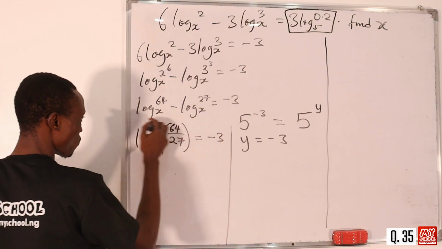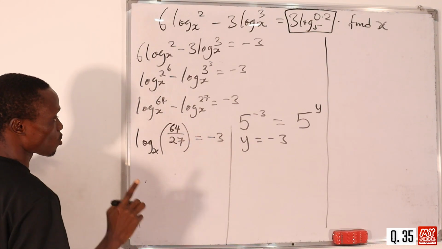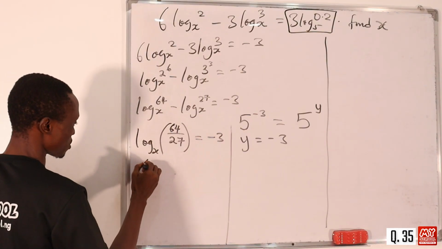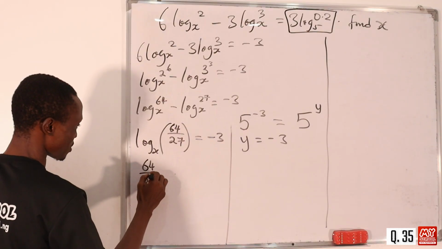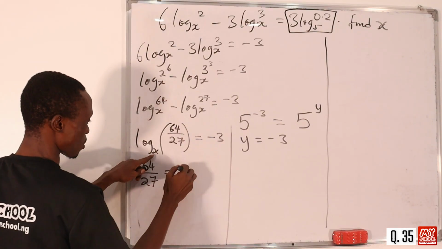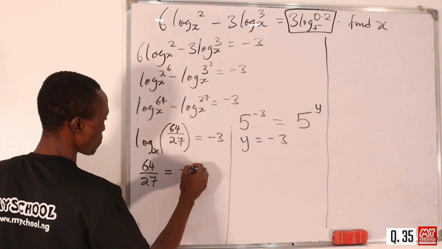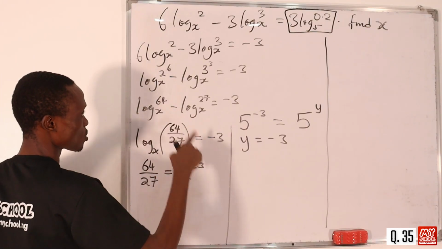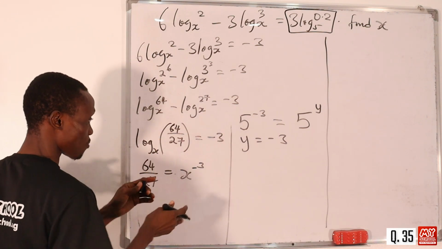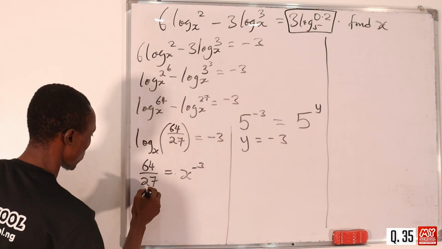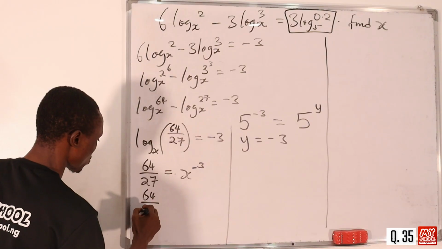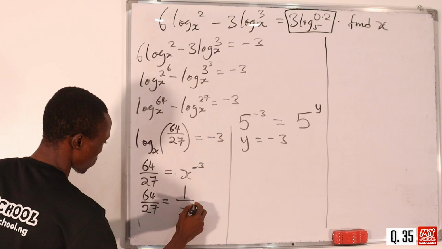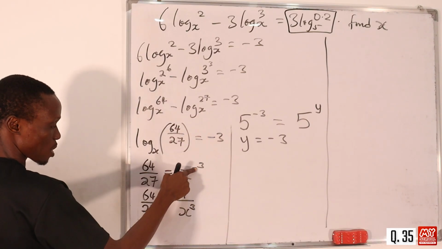Okay, so we now convert this to index form. If we are to convert this to index form, we simply keep this. So we're having 64 over 27 equals, then we write our x, then raised to power minus 3. Remember that raised to power minus 3 means 1 over that value raised to power 3. So 64 over 27 will now be equals to 1 over x raised to power 3, because the power here is minus 3.